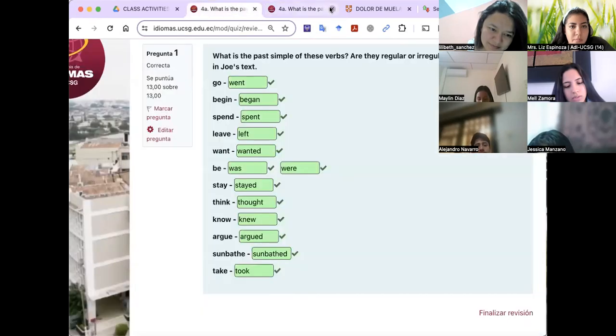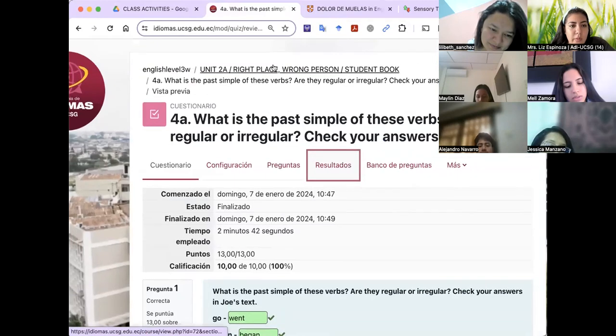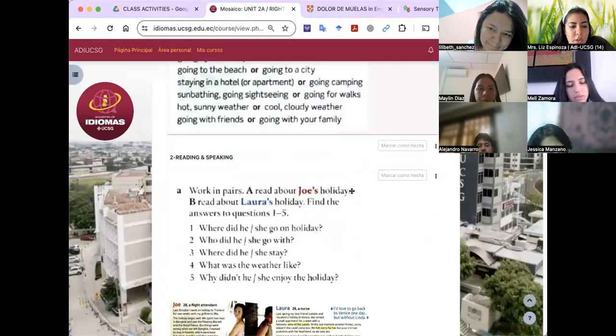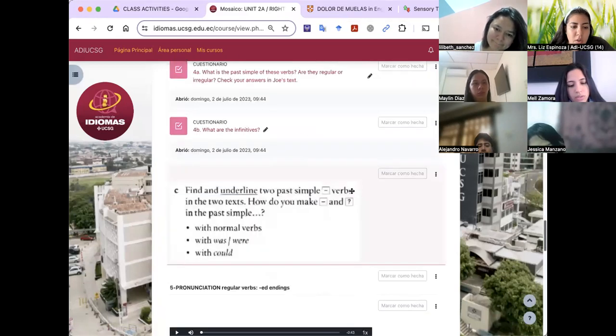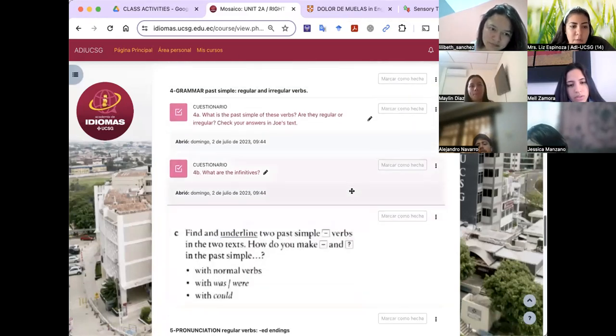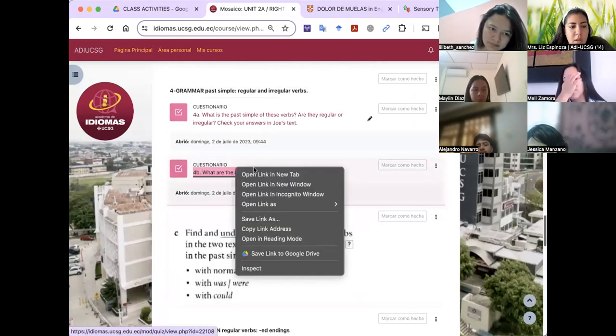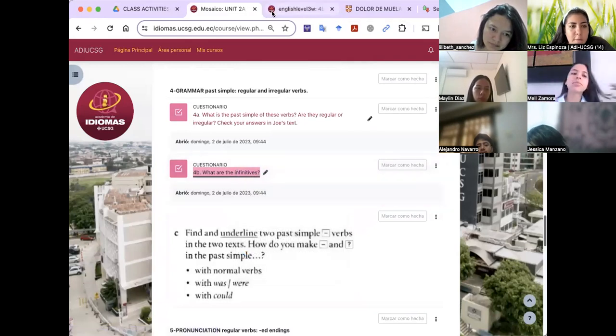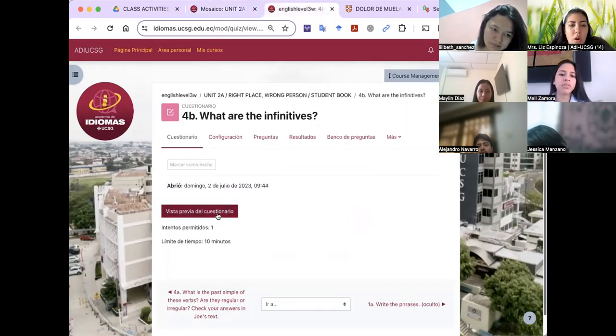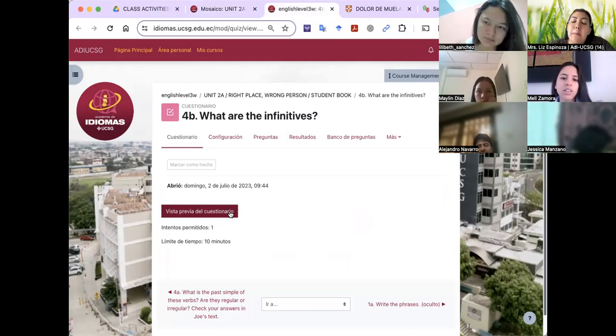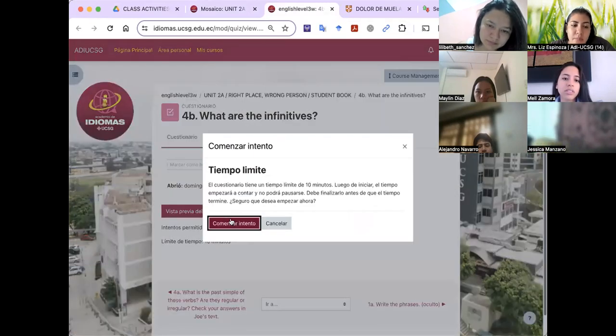Okay. So let's do the next one. Remember, we're in Unit 2A. We have completed the first one of grammar, and now we have 4B. What are the infinitives? Infinitive is the same as saying base form, or not conjugated verbs, okay?